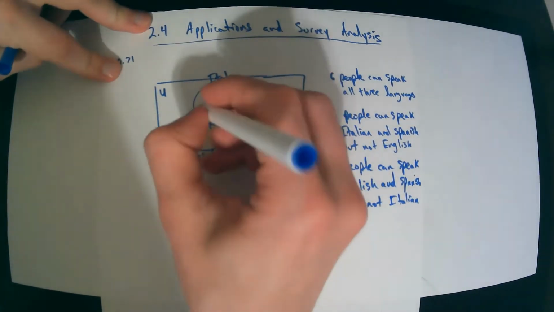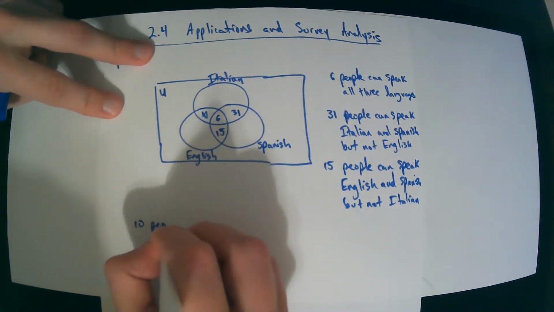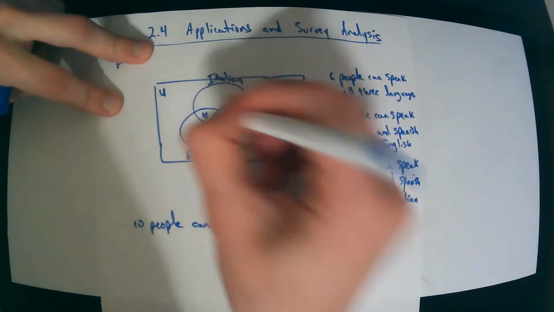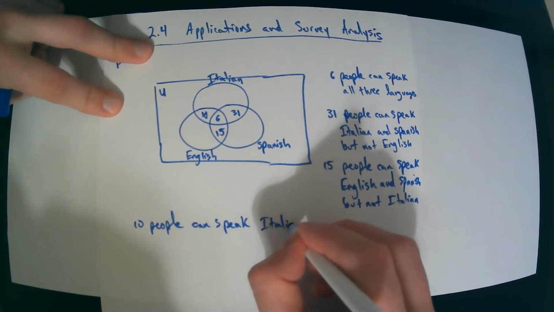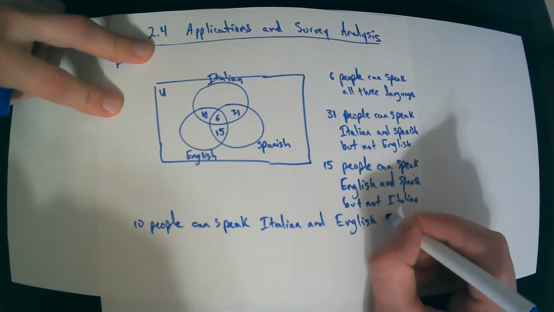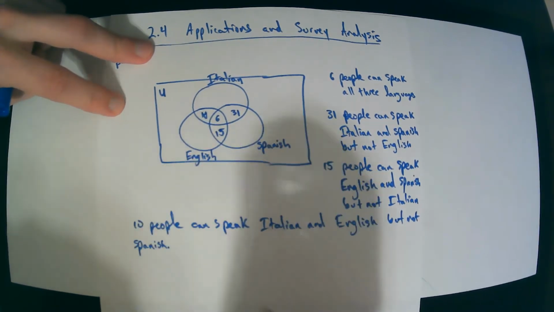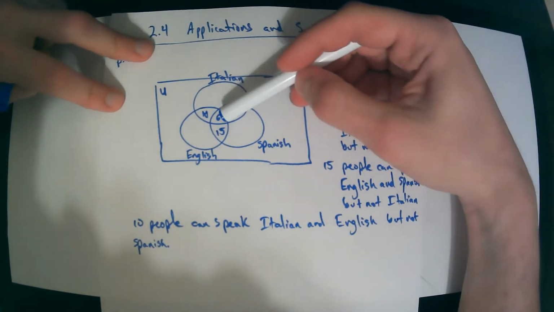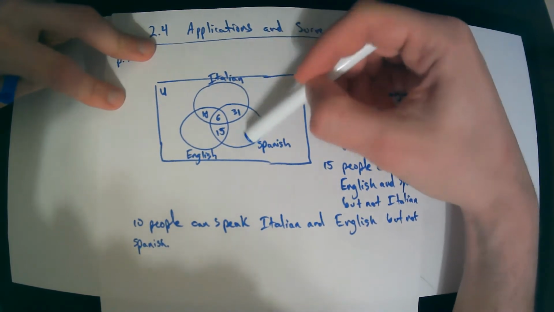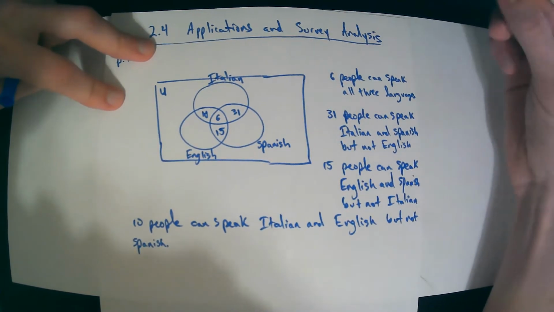And then the last one of this kind, those 10 people can speak Italian and English, but not Spanish. So we've got the innermost group, the most exclusive group, the people who can speak all three. Then you've got the people who can speak these two but not this one, these two but not this one, and these two but not this one. So that's what we've got so far.